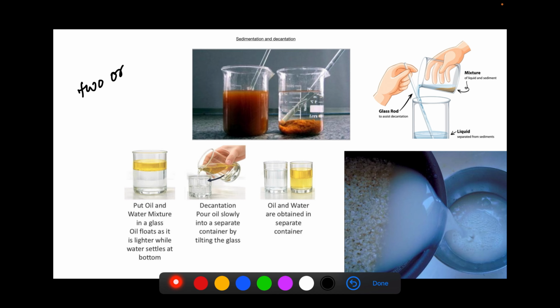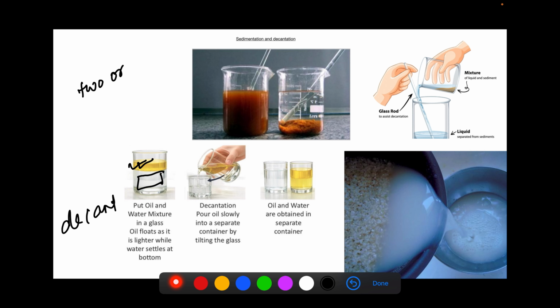Both these substances have to be of different density. In the case of oil and water, as you can see, the oil is lighter, it is of lesser density, so it deposits on the top, and the water deposits on the bottom. You can remove this oil from water using a process called decantation.